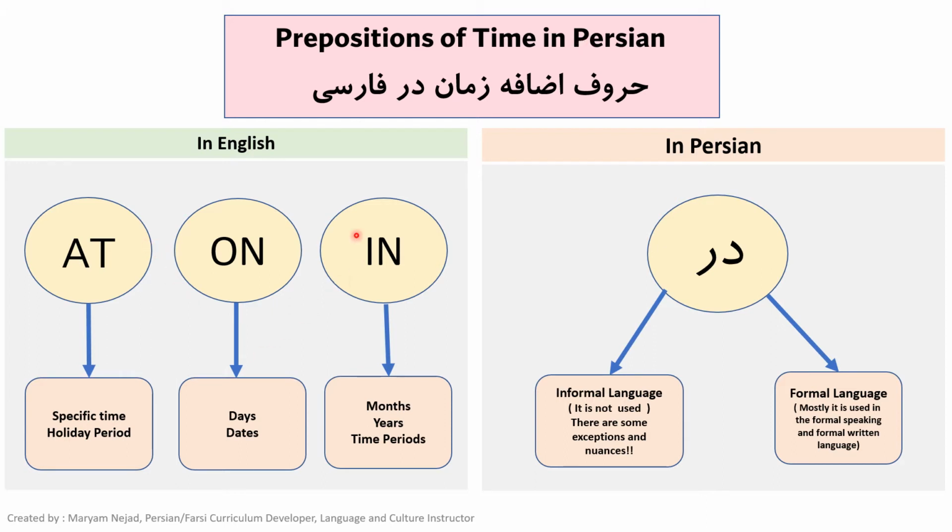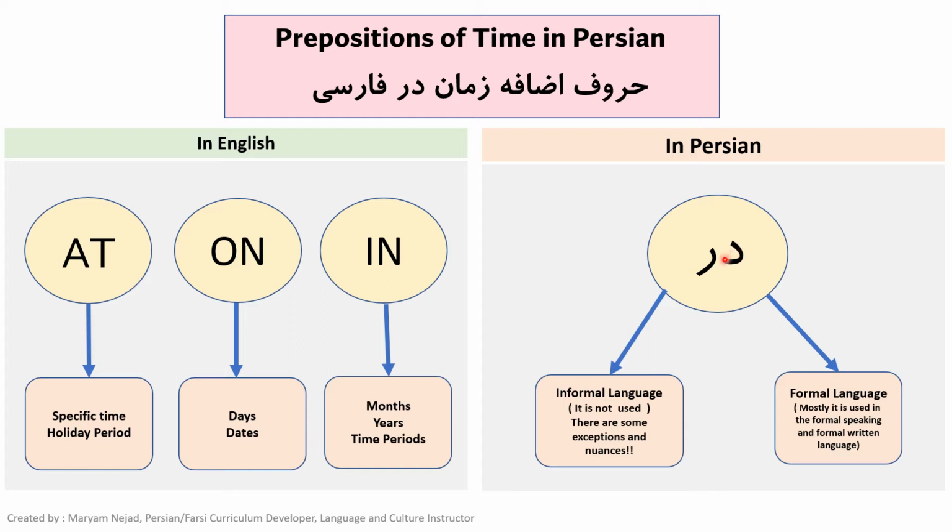So here on the left side, as you can see in English, 3 different prepositions are used when referring to time. For example, at is used for specific time, and in is used for months or years. But in Farsi, I think it's actually easier: only dar is used. And also dar is not used in all contexts.